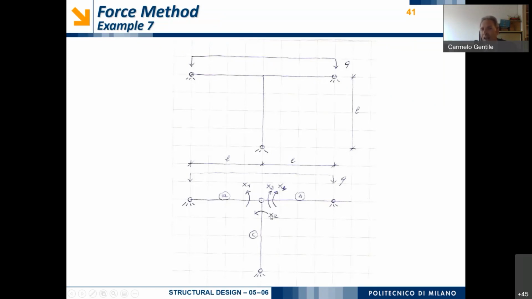And x2 is acting between beam number C, which is the vertical beam, and beam number B, which is the horizontal beam on the right-hand side. Okay, so please remember this kind of highlighting of the redundant action.